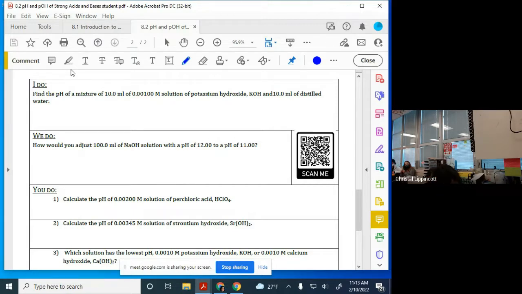So we're going to figure out the moles by taking 0.01 liters. This is 0.01 liters here. And we're going to multiply that by the molarity.